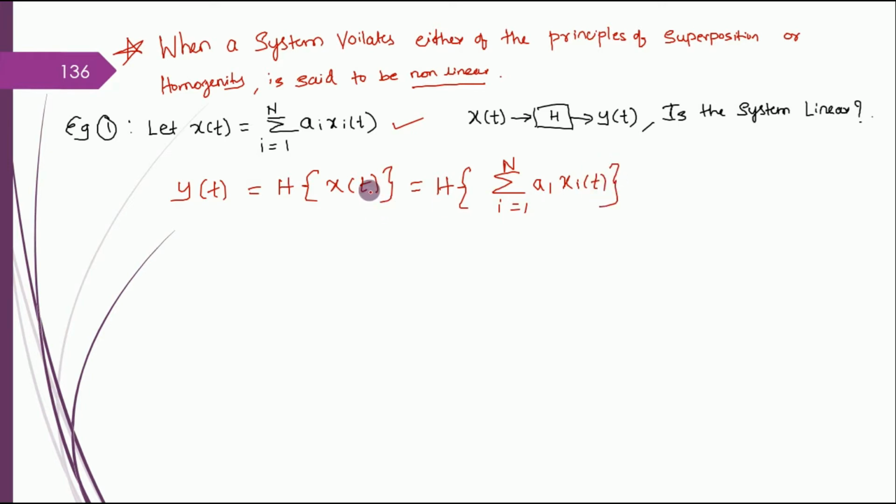Okay. So this is nothing but h of summation i equal to 1 till n ai, I'll take it outside, h xi of t. This should hold good.